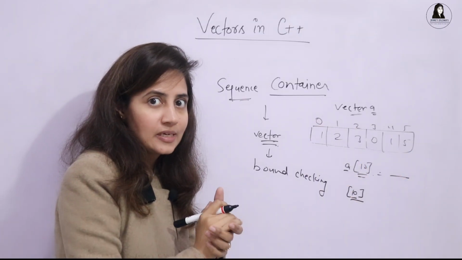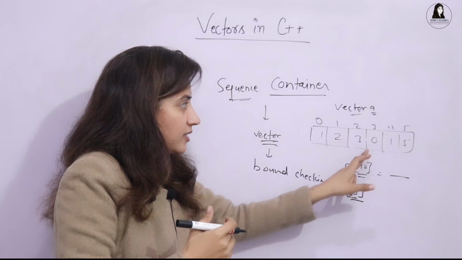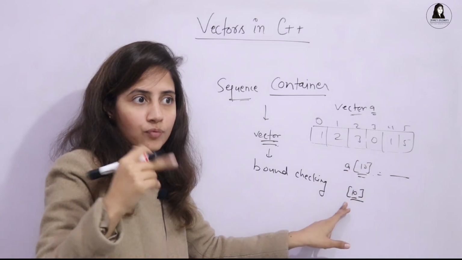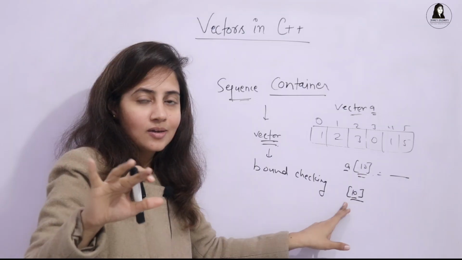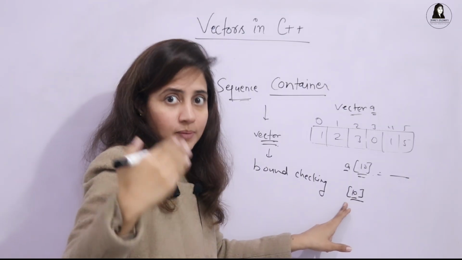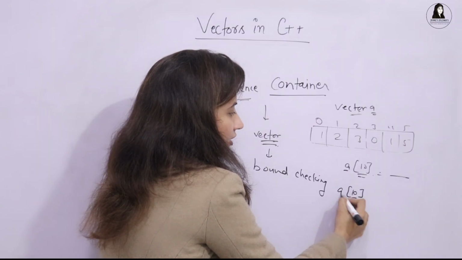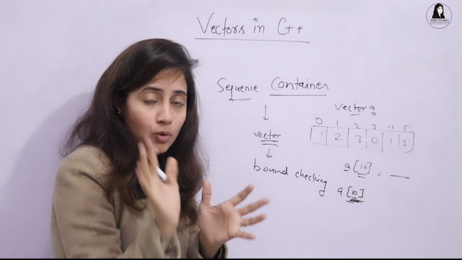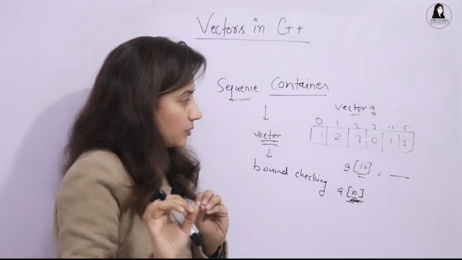Those functions we will also see, because there are many ways to access elements in a vector. Either we can use the subscript, or we can use the at function. Some other functions provide bound checking, but if you use the subscript to access any element, vectors also do not provide bound checking. So please note these points.